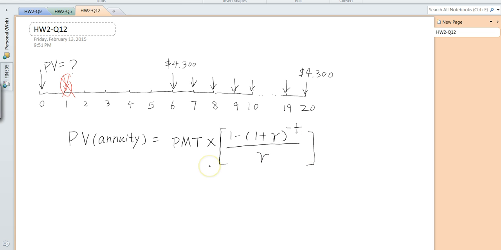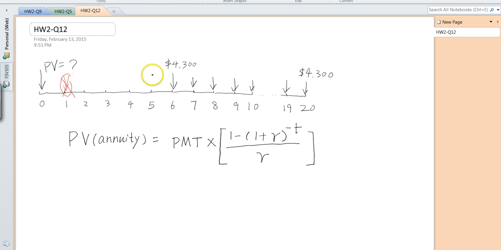So that's the formula for the present value of an ordinary annuity. But again, this formula only applies when the first payment starts from year 1. But unfortunately, in this case, the first payment starts from year 6. So how can we apply this formula?